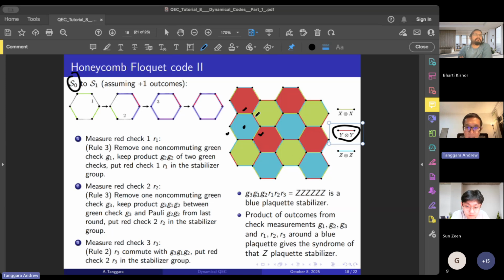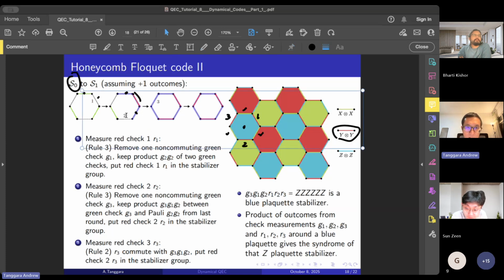First I'm going to measure this guy, so that's why I have that number 1 there. After I measure it, I put that red check into my stabilizer group, and now I'm going to throw away this guy and keep the product of these two green checks. So that's why I have this blue shade here. And then this is the second one that I'm gonna measure. That's the third one, this one.